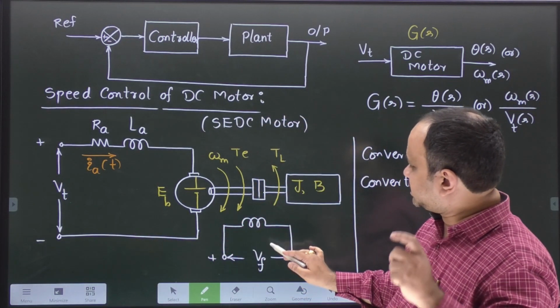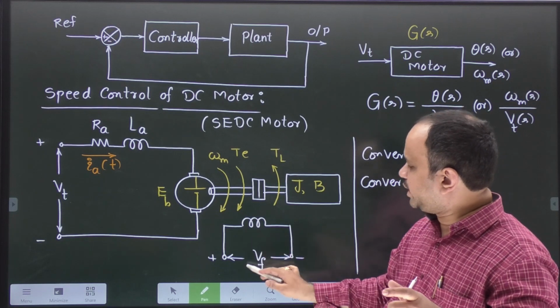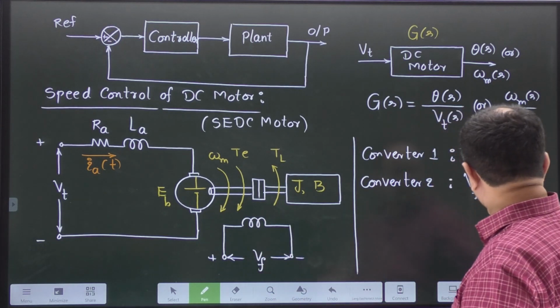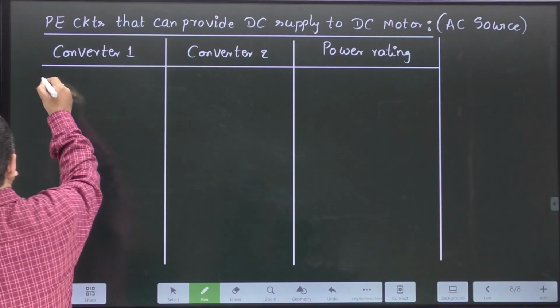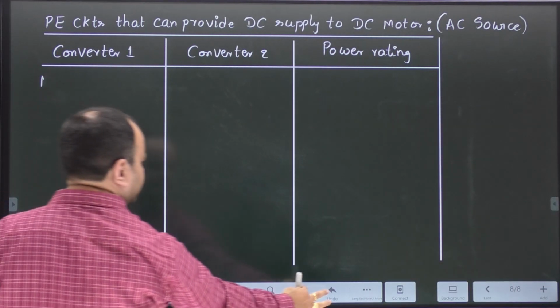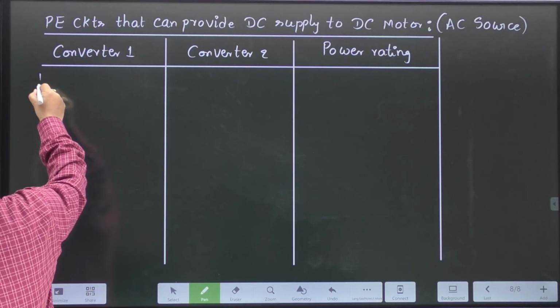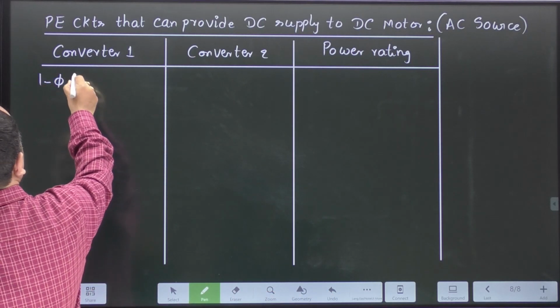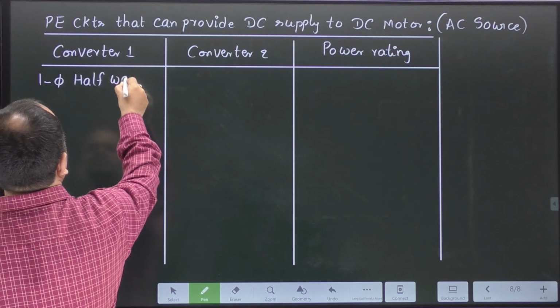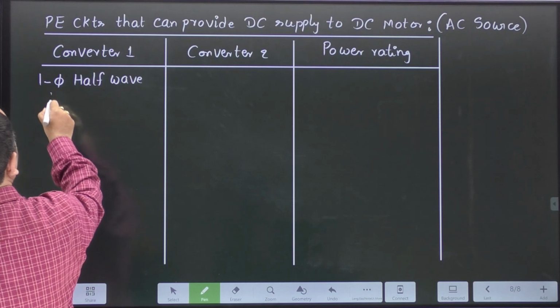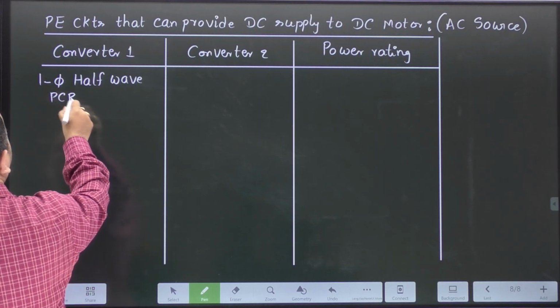Converter 2 is a circuit that will provide DC voltage to the field side. So what are the combinations here? Single phase half wave phase controlled rectifier.